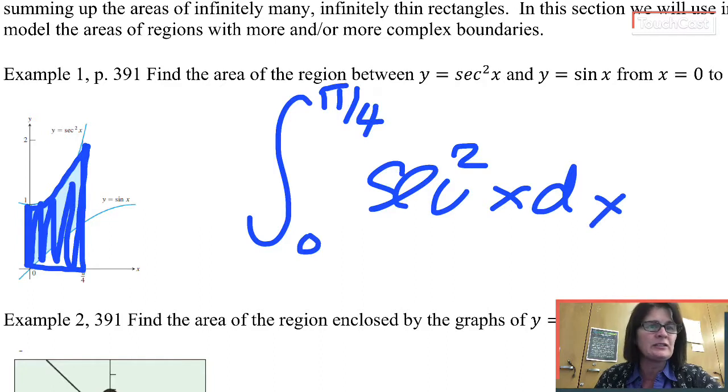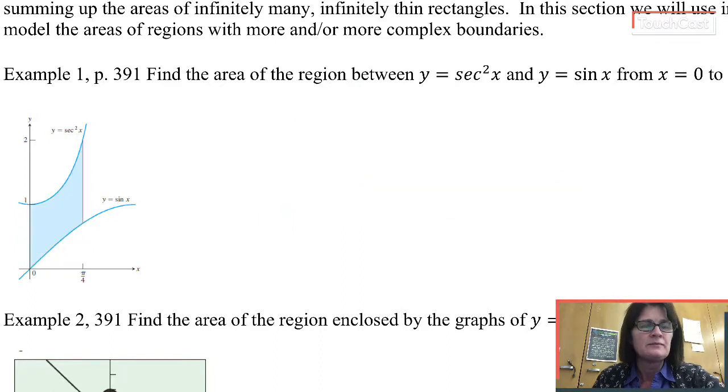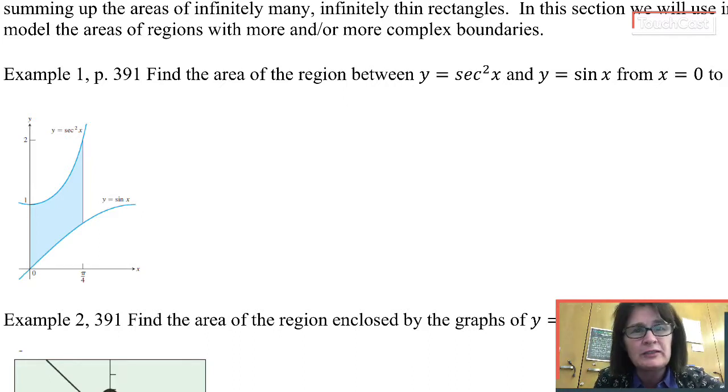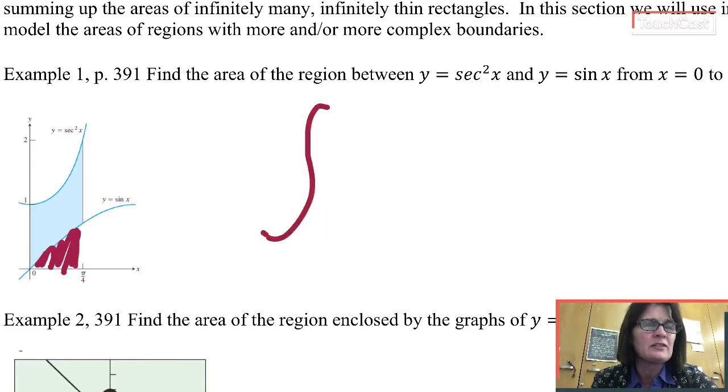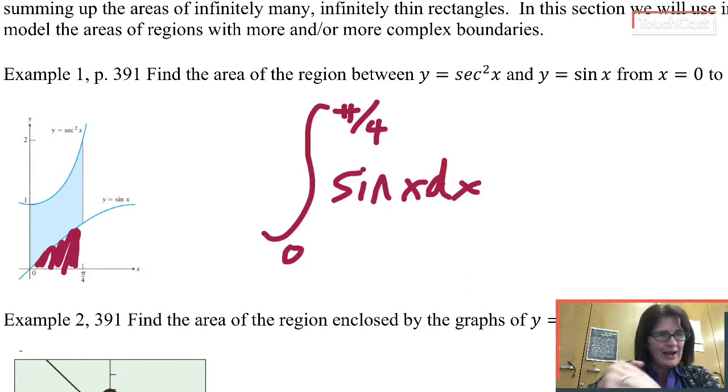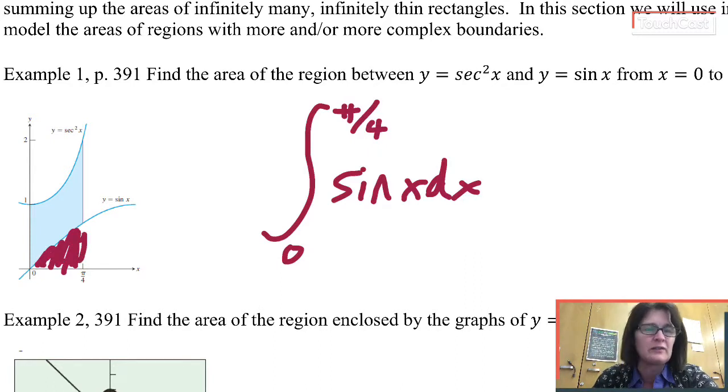Well, now you can imagine that the shape that I want, the blue shaded, is really what I just had shaded in dark blue minus that area, which is the area under the sine curve between 0 and pi over 4. So one way to think of this problem is, could you find the area between the x-axis and the upper curve and then subtract out that blank space that I've colored in red?